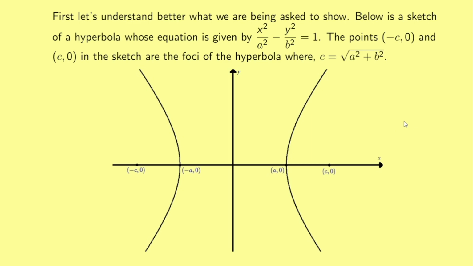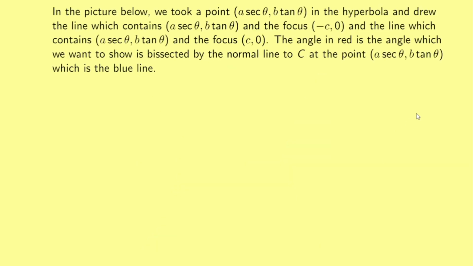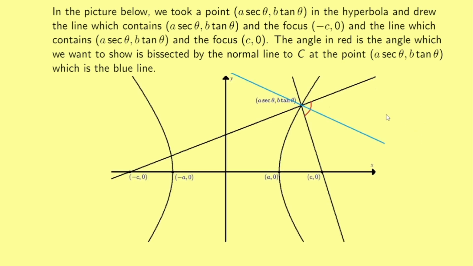So here I wrote a lot, so maybe you can pause the video and see what is written here, but with the picture I have below, it's easier to understand. So here's the picture. We have this point here, which is the point a secant theta, b tangent theta. It's a point in the hyperbola.